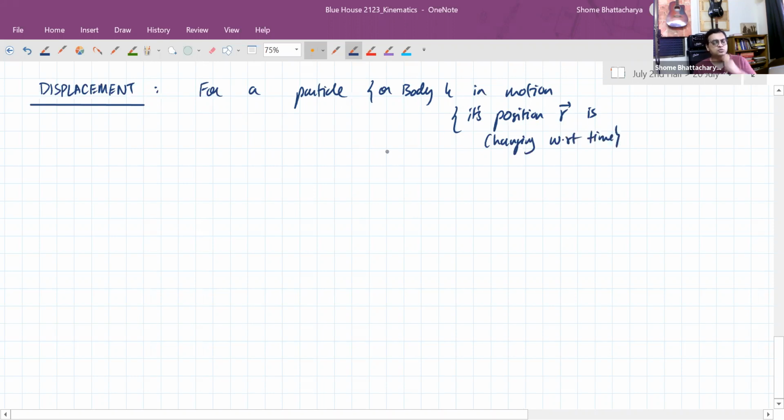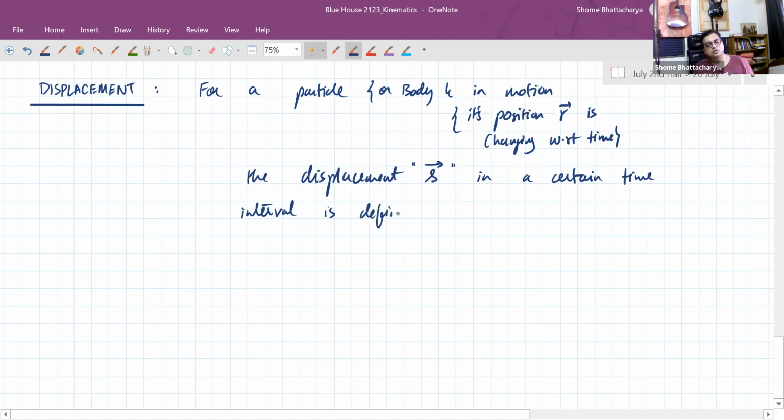So for such a body which is in motion, the displacement, which is also a vector quantity, typically denoted with the symbol s, in a certain time interval is defined as the vector from its initial position to its final position.